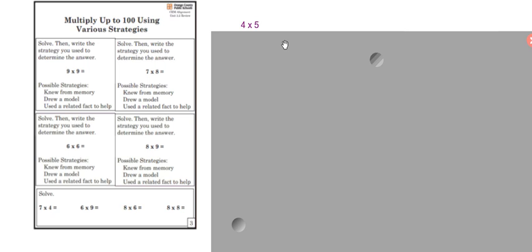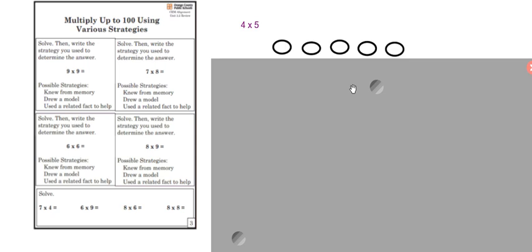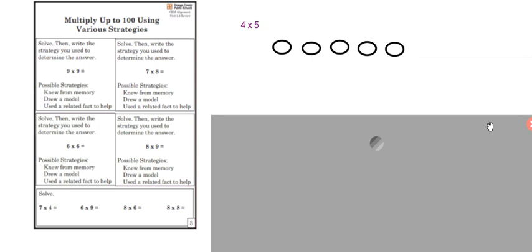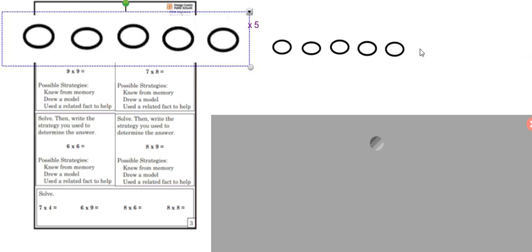For that, I'm going to make 4 lines of 5 items in each line. So 1, 2, 3, 4, 5. And I'm going to go ahead and keep adding to that. There's another one right here.